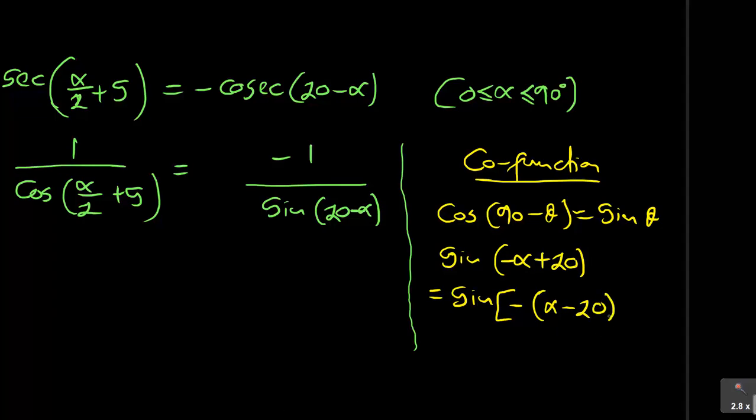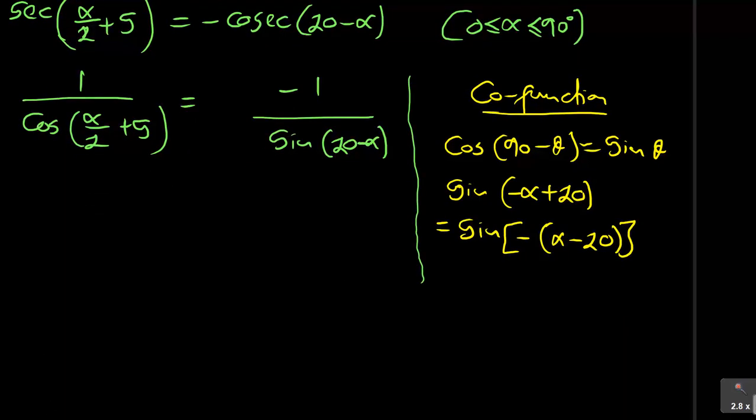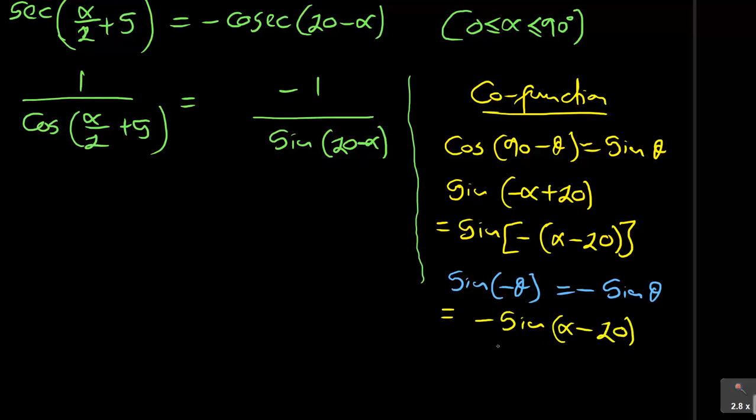So I've got sine of alpha minus 20, and at the same time I also use this part which says sine of minus theta is equal to minus sine theta. I hope you're seeing that. So this particular negative represents the theta there. So in that case it will be equal to minus sine of alpha minus 20. So you see what I'm having.